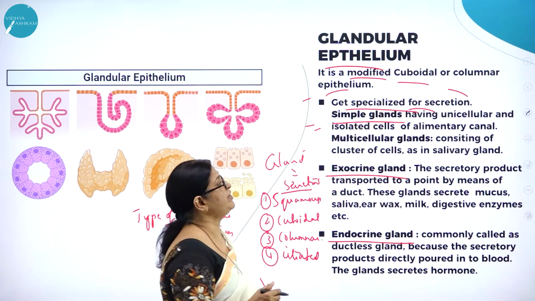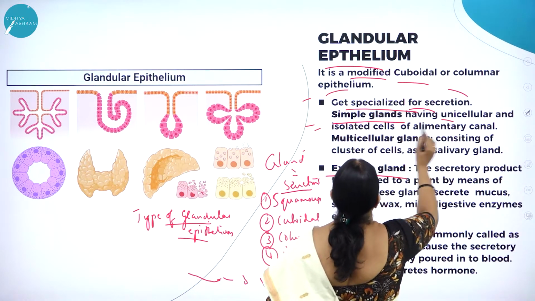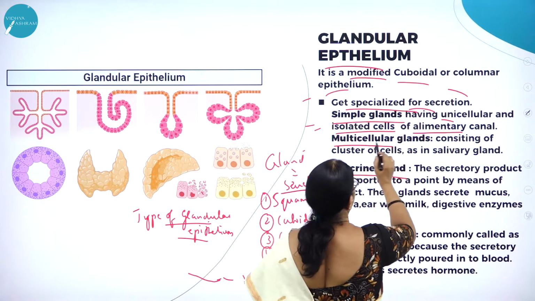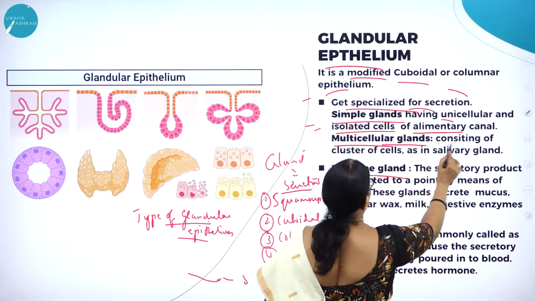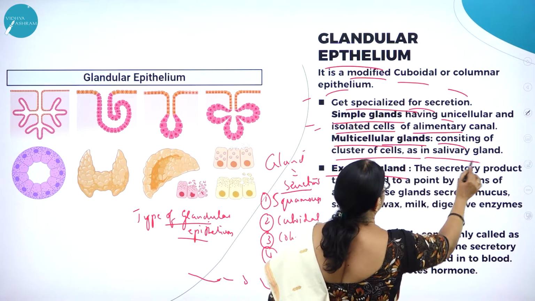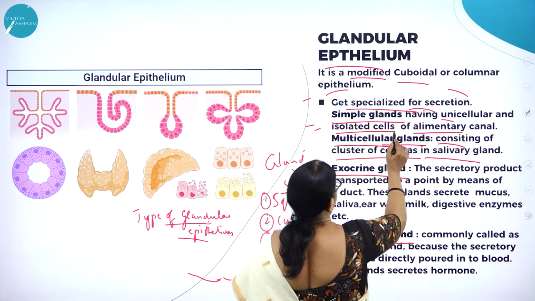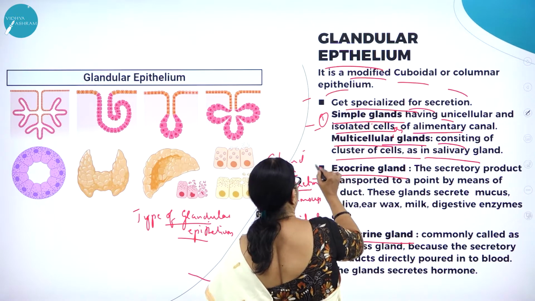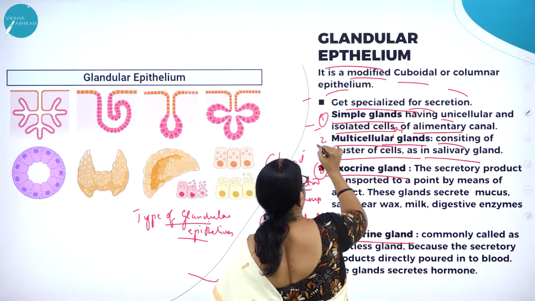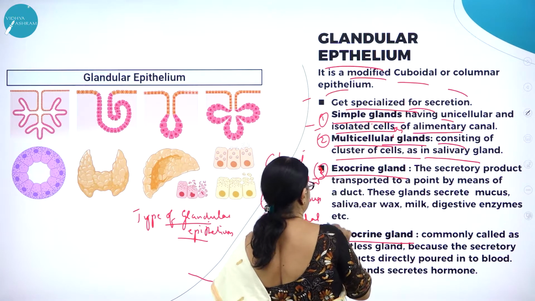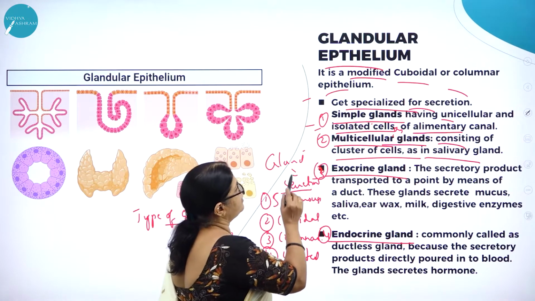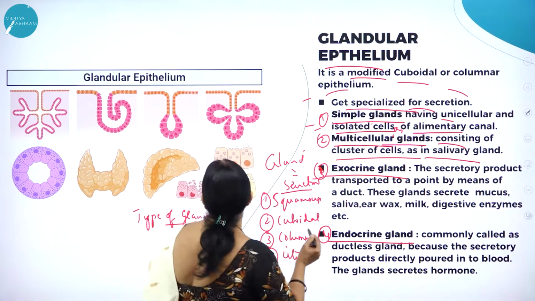Simple glands are unicellular and isolated cells, like those of the alimentary canal, and the second type is called multicellular, consisting of a cluster of cells as in the salivary gland. So one is simple gland, second one is the multicellular gland, third one is exocrine, and fourth one is endocrine gland. Here the simple glands are unicellular.